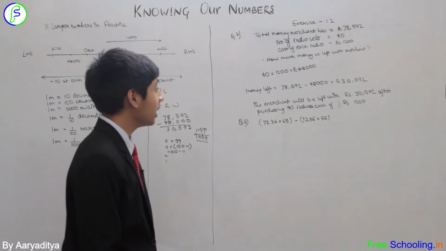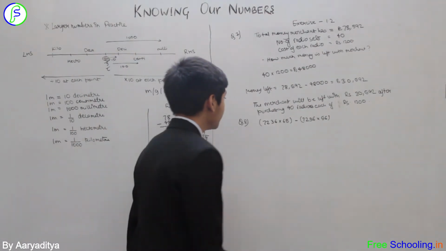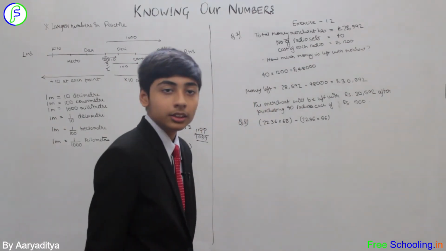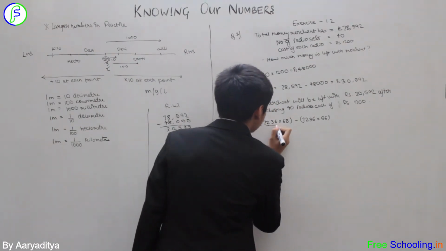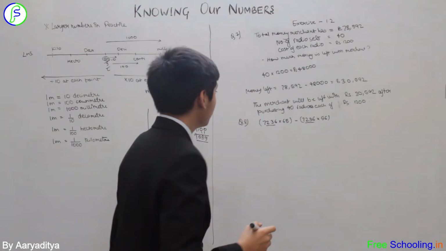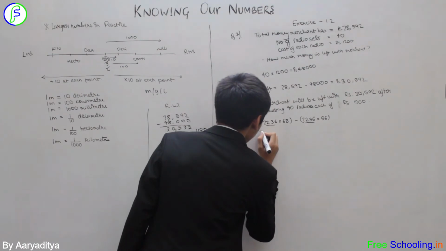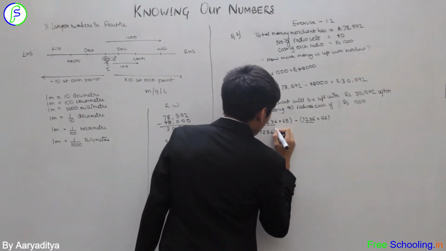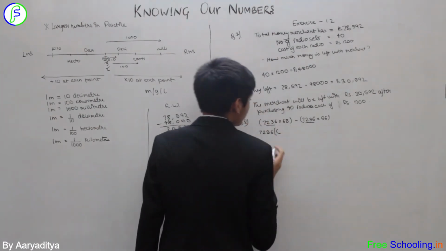Now let's do the reverse of it. I will tell you how to do it. What is common in these both? We can see that 7236 is here and 7236 is here. Both sides 7236 is common. So we take 7236 as common and keep it out of the brackets.